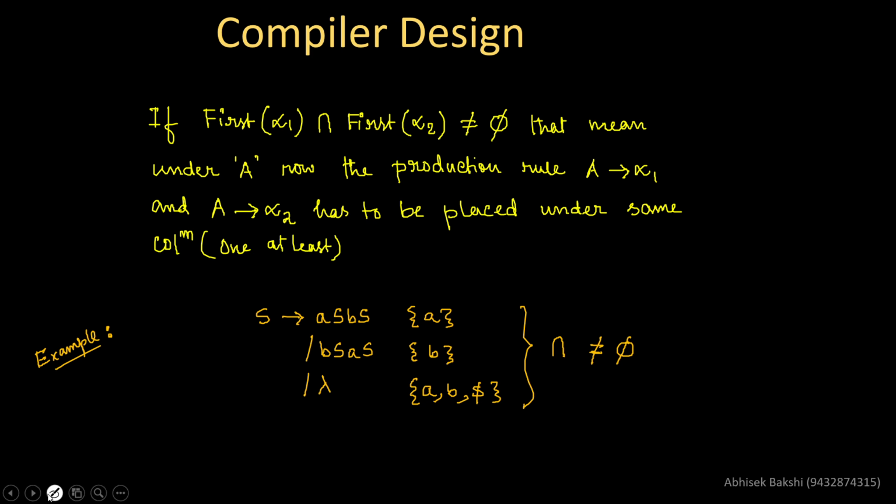If I draw the parsing table for this particular grammar, I have row S, and under row S we have column A, column B and column dollar, right? Now where will I put these production rules, number 1, number 2 and number 3?